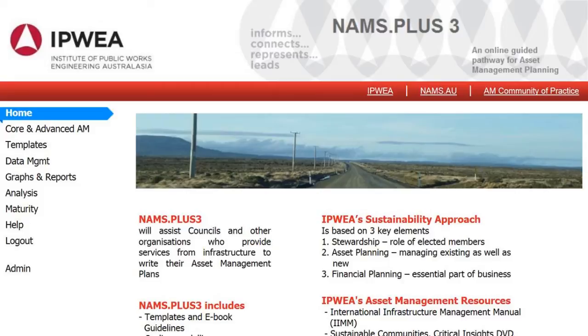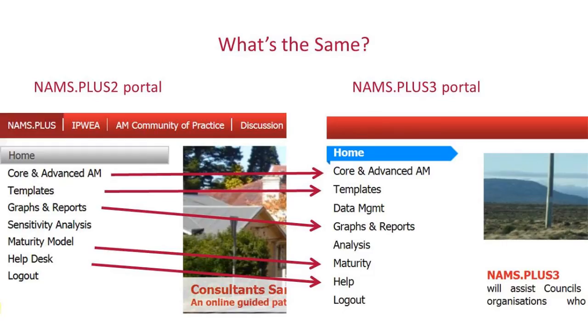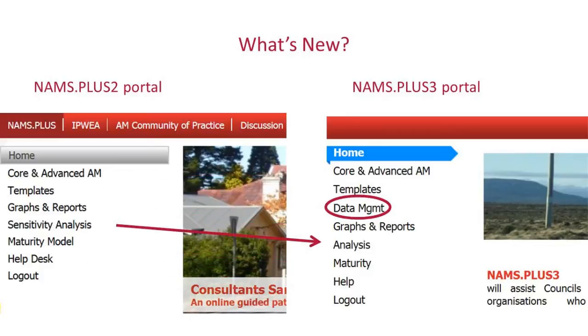So you may ask, what's the same and what's different? This screen shows the NAMS+2 and NAMS+3 portal pages side by side. As you can see, NAMS+3 retains the menu tabs for core and advanced asset management, templates, graphs and reports, maturity model and help desk. There are some new features in NAMS+3.